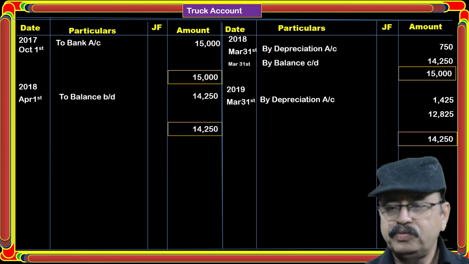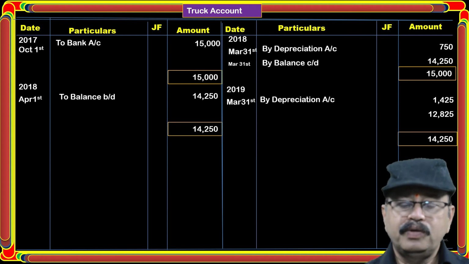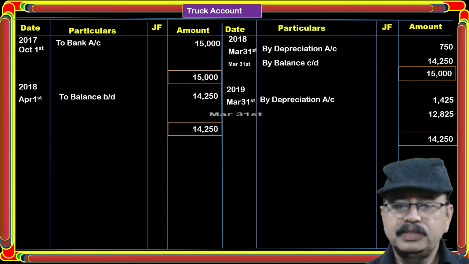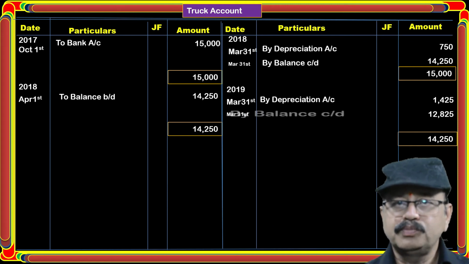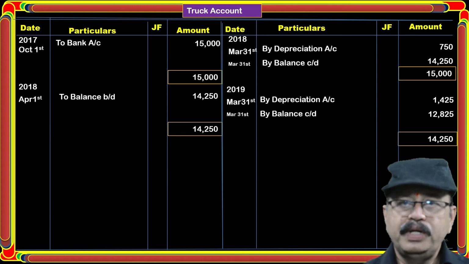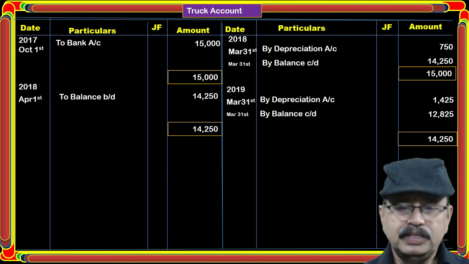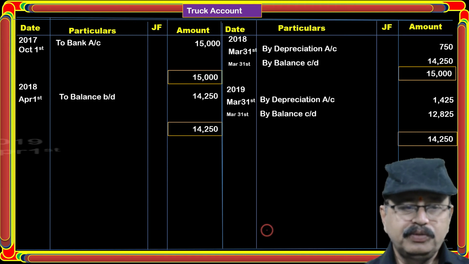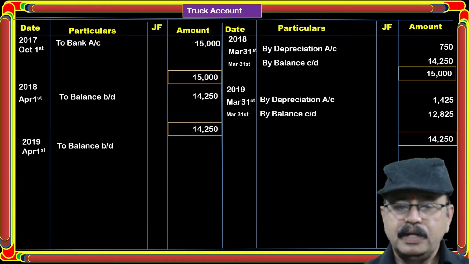From 14,250, if you minus 1,425, the balance is 12,825. In front of 12,825 you have to write March 31st, by balance c/d. Understood? Now the same balance will be forwarded to the next year. On the debit side, 2019 April 1st, to balance b/d, the amount is 12,825.